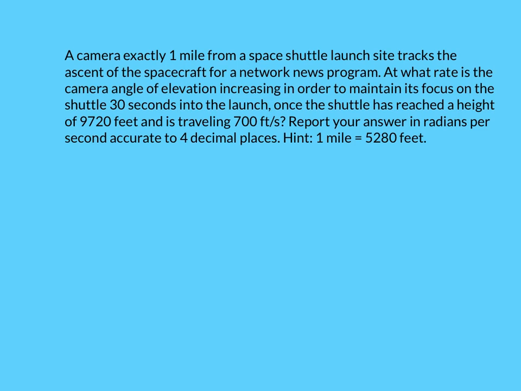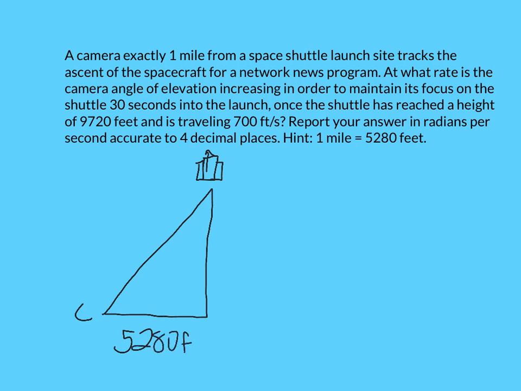So we have our camera over here on the ground, and we are watching our space shuttle launch into the air. Okay, so here's our space shuttle launching into the air. We are 1 mile or 5,280 feet away from the launch pad. There was our launch pad here.